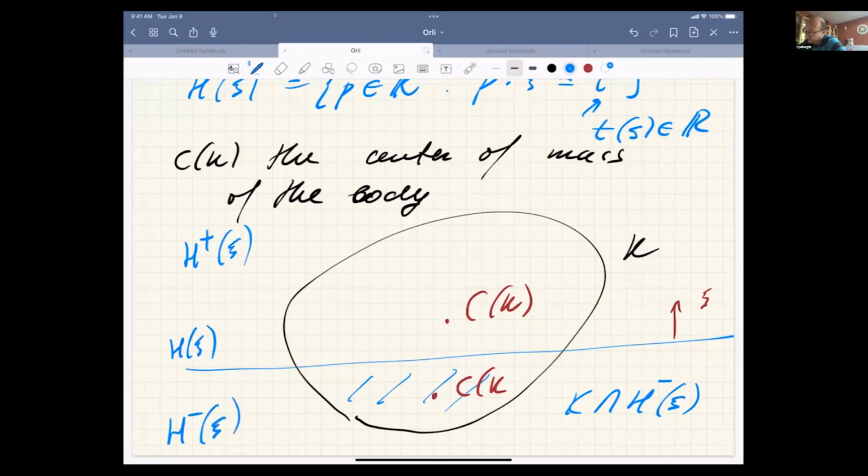Okay, so then I have C of K intersection H minus of psi. So I have 2 points. I have 2 centers of mass. And then what you do, you connect these 2 points with the line. Okay, so if this line is orthogonal to the water surface, then we say that the body floats in equilibrium in this given orientation psi. Okay, this is the definition.